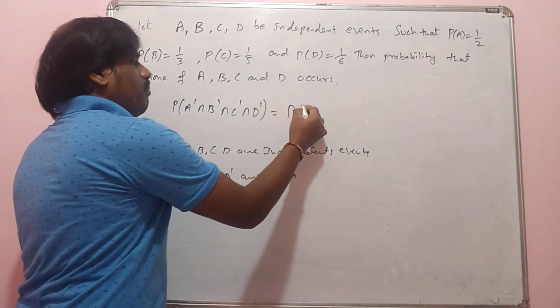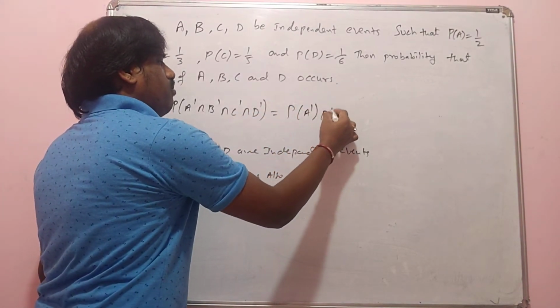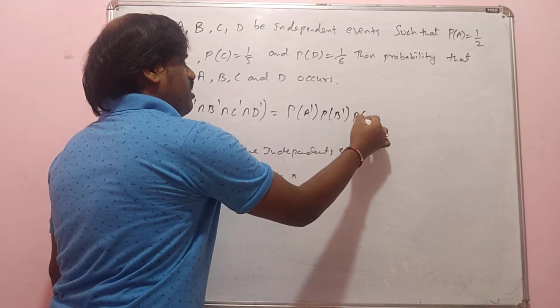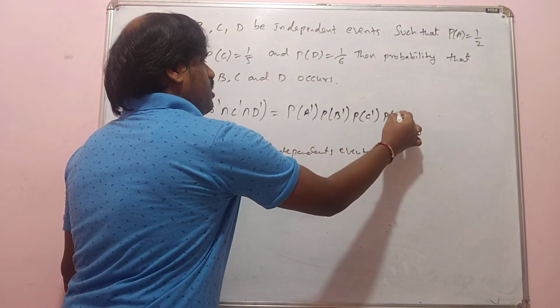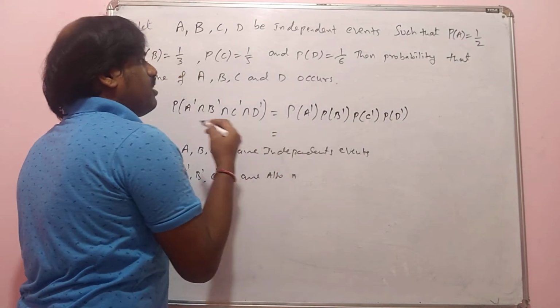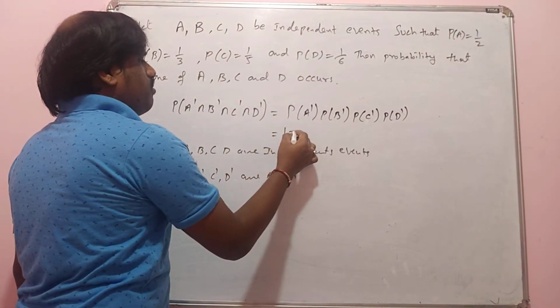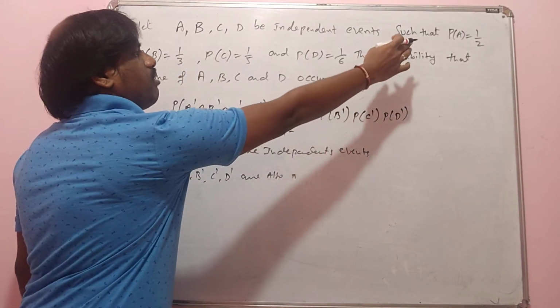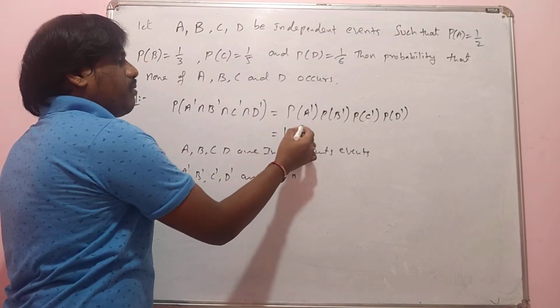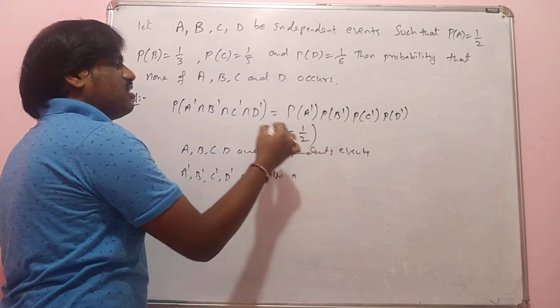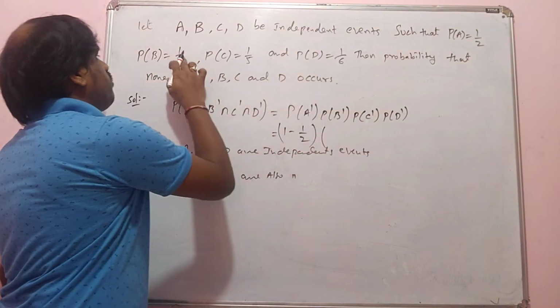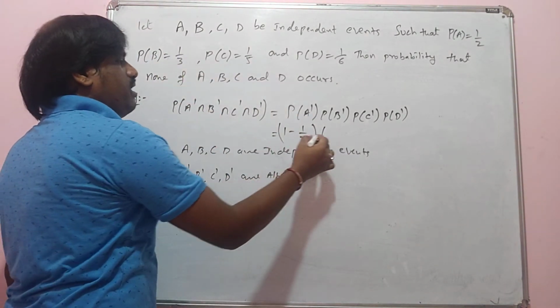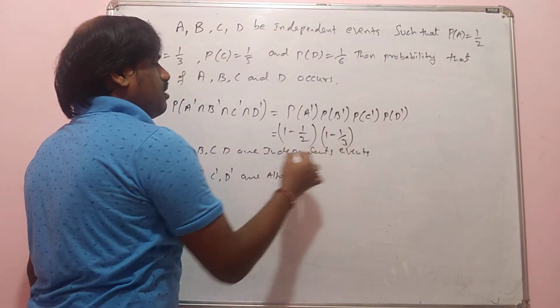So here it is probability of A dash into probability of B dash into probability of C dash into probability of D dash. Probability of A dash can be written as 1 minus probability of A; given 1/2, it is 1 minus 1/2. Probability of B is 1/3, so probability of B dash is 1 minus 1/3.